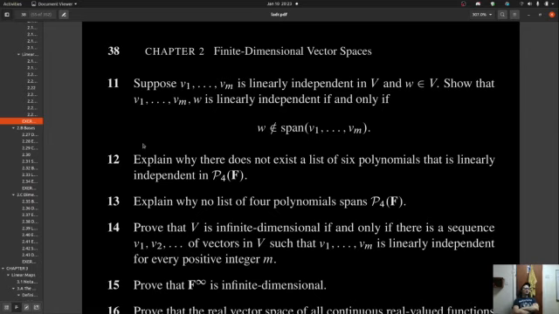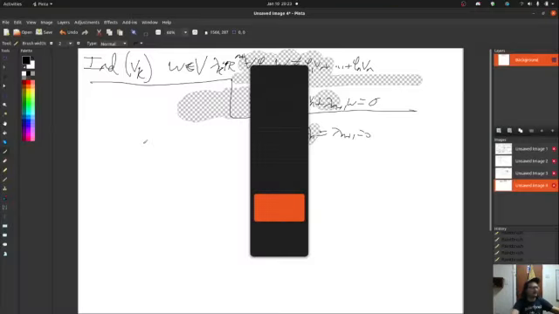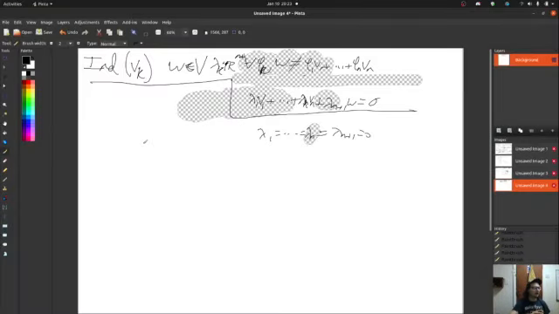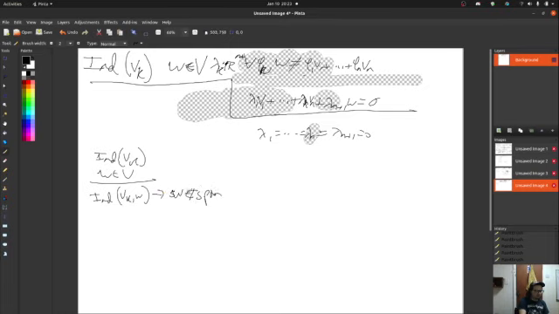If W was in the span, we're going to do contrapositive. So our context is VK, W in V, and our proposition is VK, W independent implies W is not in span VK.